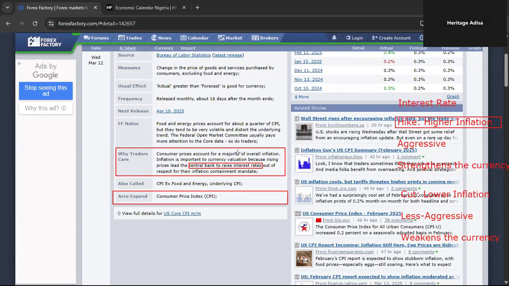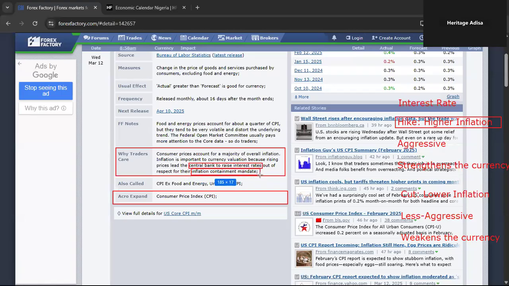What is causing the very big reaction in the market is traders pricing in the activity of the central bank. That is, when we see higher inflation, we want to price in an aggressive response of the central bank to look to hike interest rates, which strengthens the currency. But when we see inflation go lower, then we also understand that the central bank must also look to cut interest rates out of respect for their inflation containment mandate.